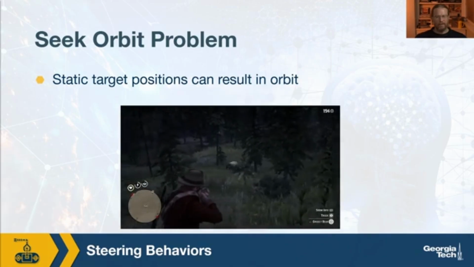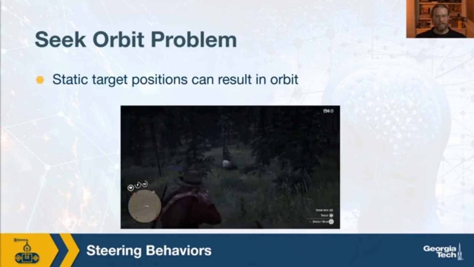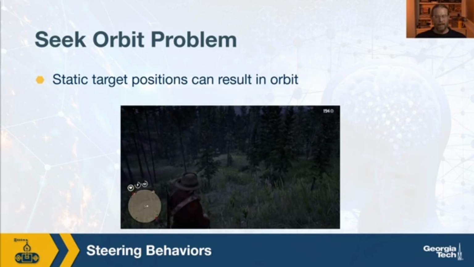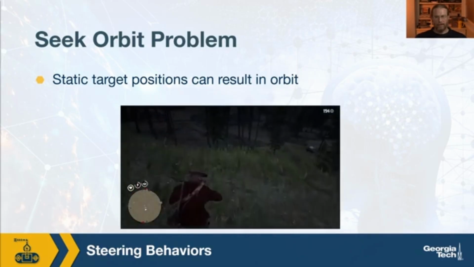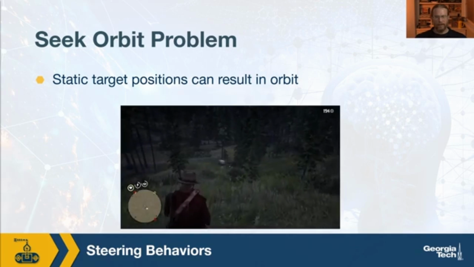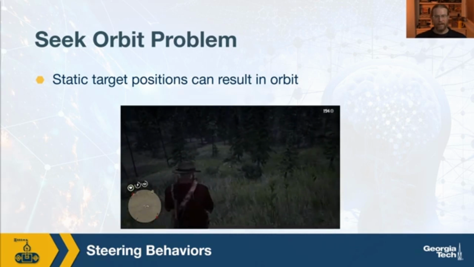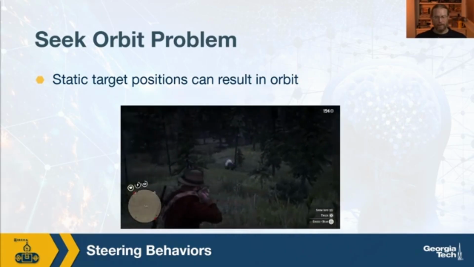You might not be able to see, but there is an injured NPC laying out there in the grass, and the bear is angry and wanting to attack. But at the current speed that the bear is going, and the ability to accelerate towards the target, it ends up orbiting.